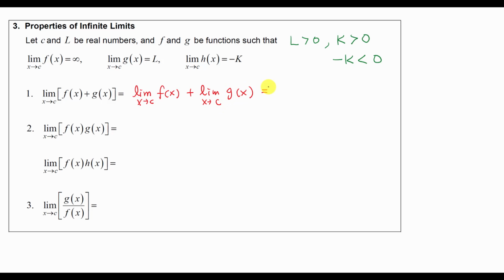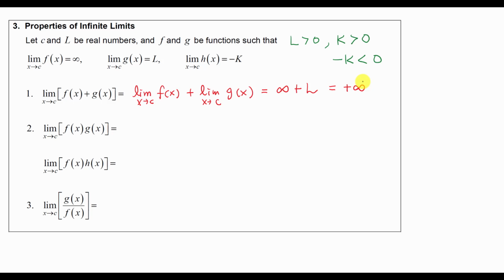And by given, the limit as x approaches c of f of x is infinity plus the limit of g of x is a positive number L. So what do you think, guys? If you have an infinity and you add some positive number to it, what's going to be the result? Of course, this will still go to positive infinity.